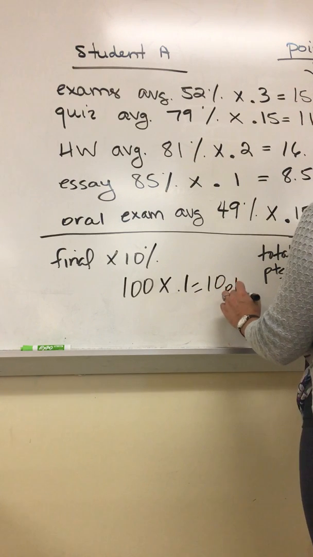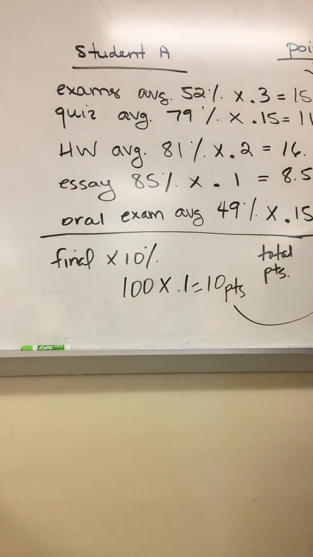So you can get 10 points, so you can turn this D into a C. Okay?